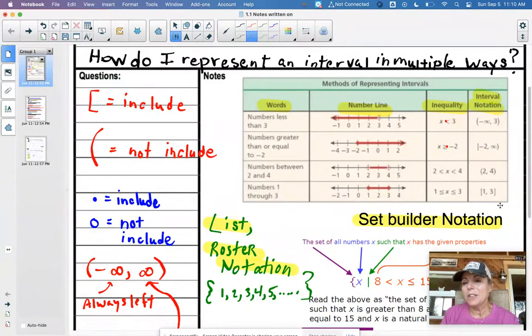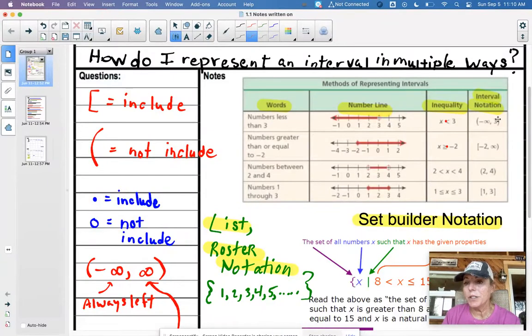Let's do these first, and then I think I have to go back up here because I forgot to talk about this. So right here, we have a 2, 4, and there's parentheses on both sides because we're not including the 2 or the 4. 1, 3, brackets on both sides because we're including the 1 and the 3. In a sandwich situation, there are 2 numbers involved.